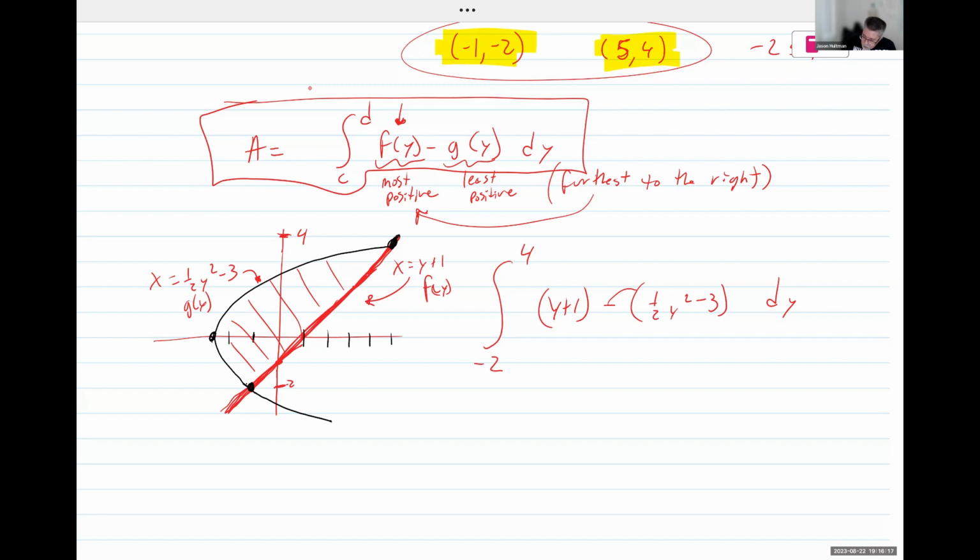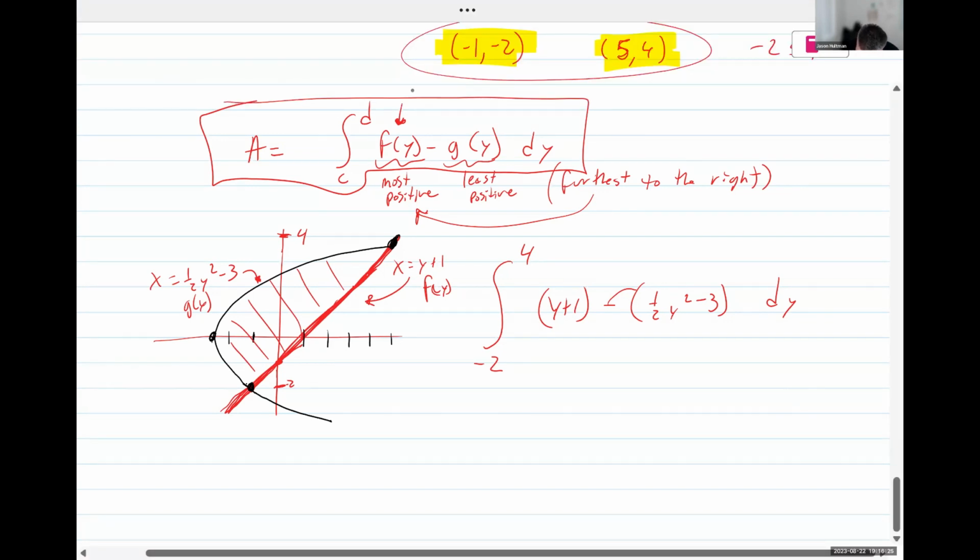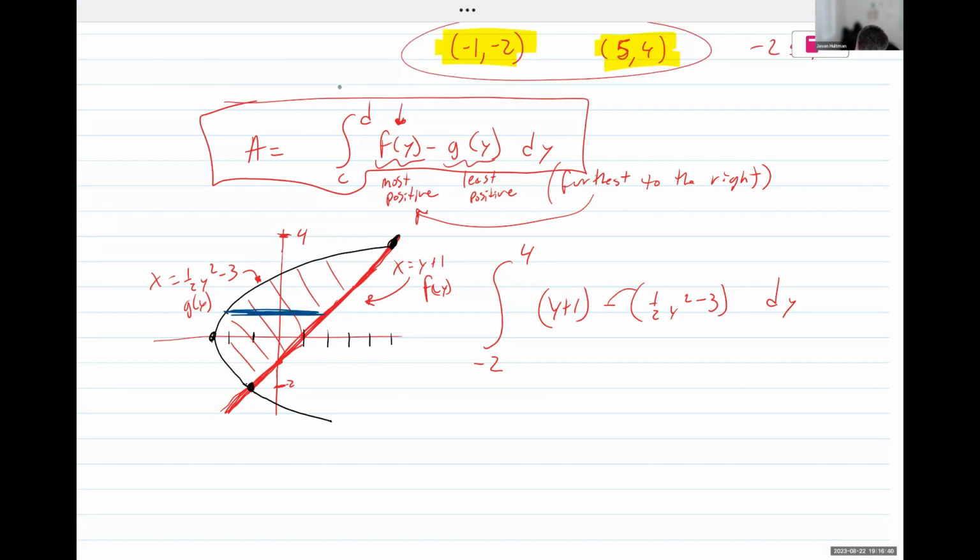So if I do a horizontal slice, say at a y value of 1, I take this as my slice, as my rectangle. That's kind of what we do with integrals, summing up an infinite number of rectangles. So if I take my slice here, which one is the bigger value on a number line?